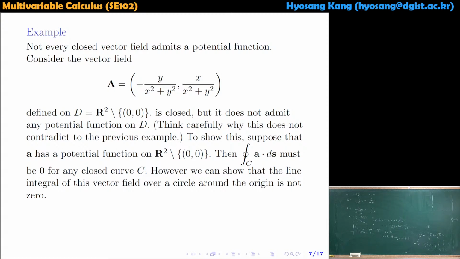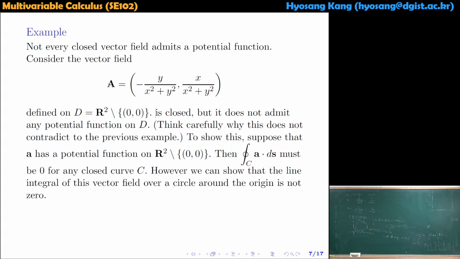Now we are going to take the domain of definition to be the entire two-dimensional space except (0, 0), because when x and y are both 0, the denominator becomes 0, so it's not defined. So as long as x, y are not both 0, this vector field is well defined.